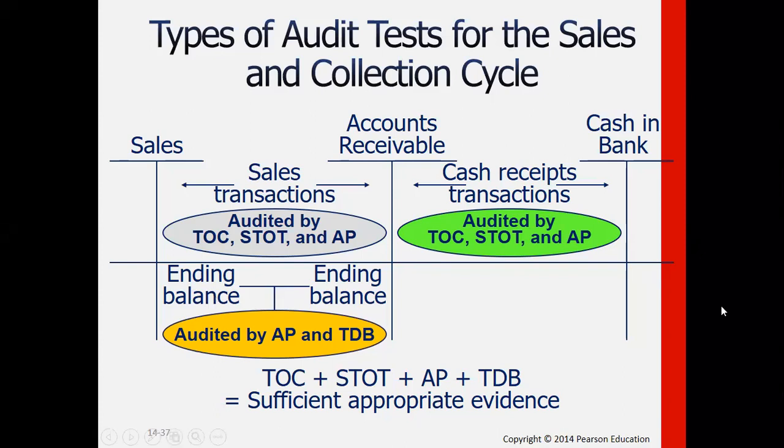Then for the ending balances of the accounts, like sales and accounts receivable, we can audit by analytical procedures like ratios, AR over sales here, ending balances, then what percentage of AR or the credit sales that would be part or the portion of AR or credit sales to the total sales of the company and to the industry to which it belongs to. TDB, on another hand, means the tests of details of balances.